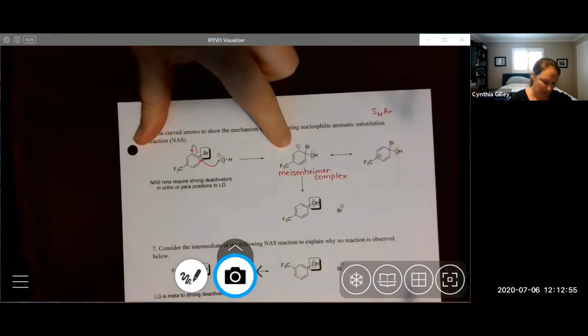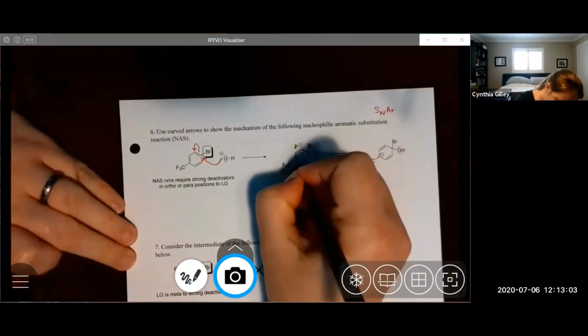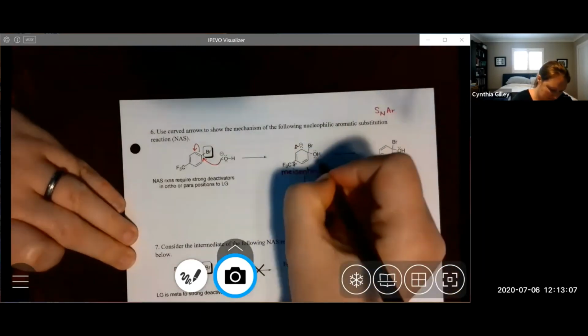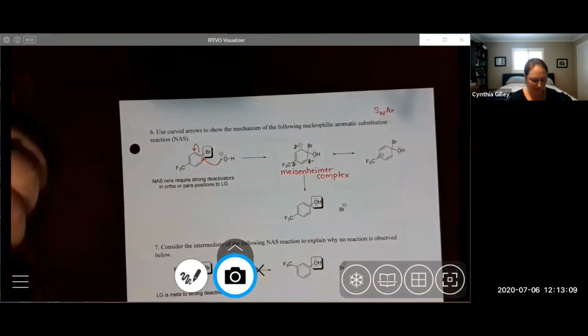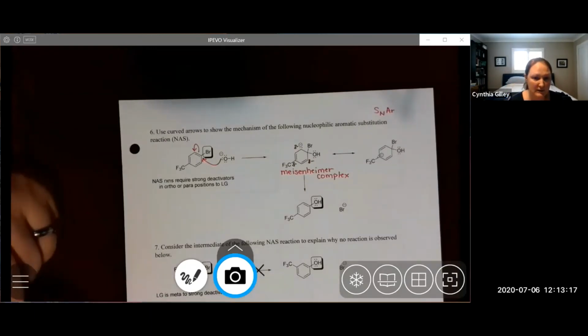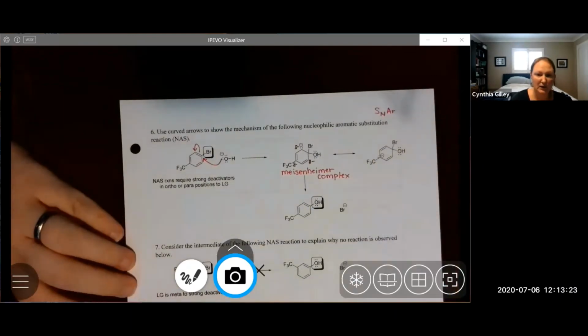Okay, you could keep going, and there's one more. So basically, the negative charge is shared between this carbon, which we can see in the resonance contributor, and this. So there's 3 resonance contributors. And this is a favored reaction that works because the negative charge ends up next to the electron withdrawing group.